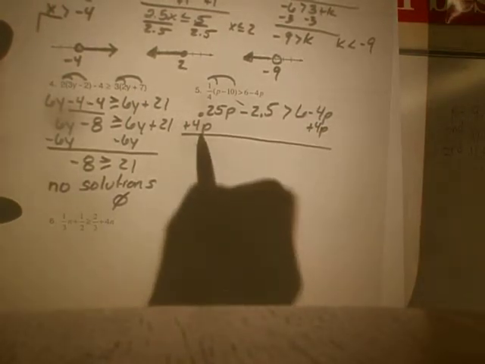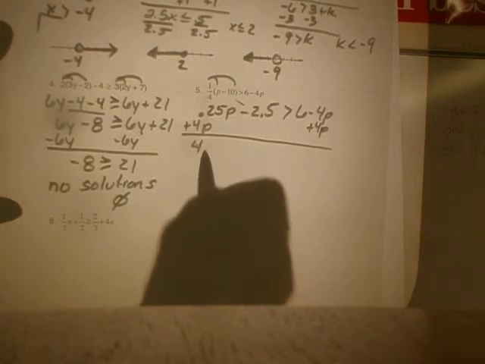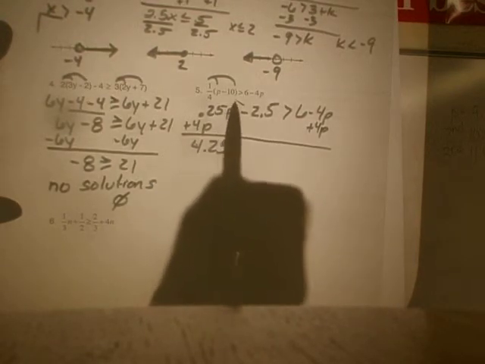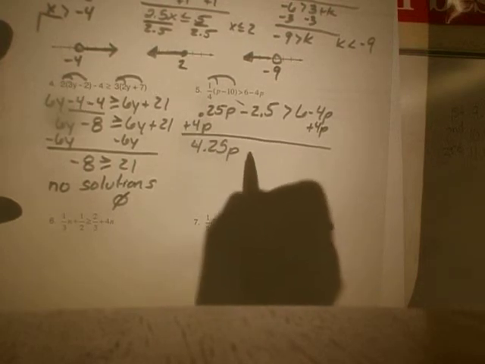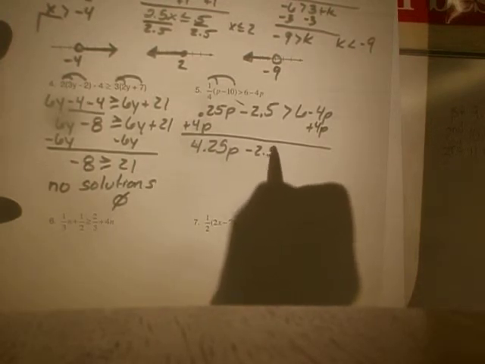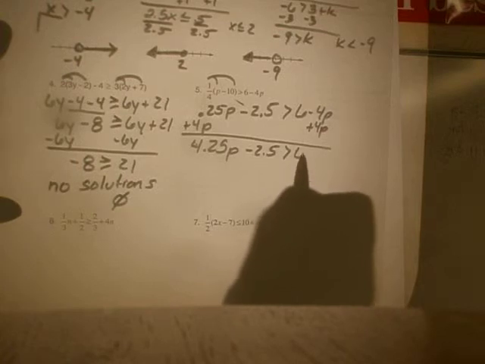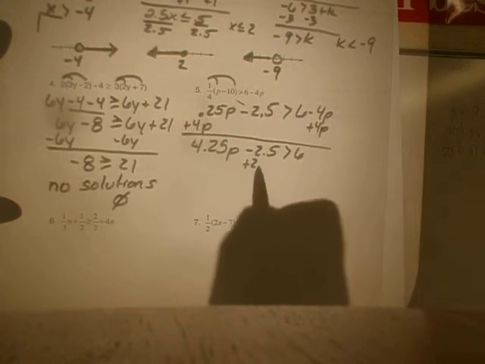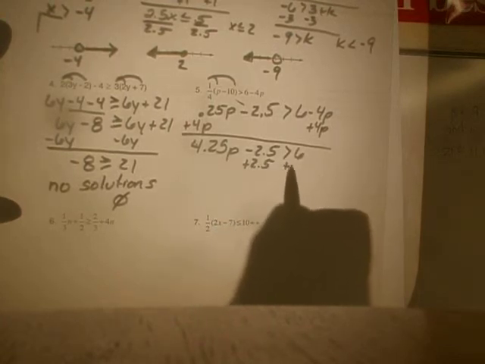And then you have 4p plus 0.25 is 4.25p. So I added those two things together. Subtract 2.5 is greater than 6. From there we add 2.5 to both sides.